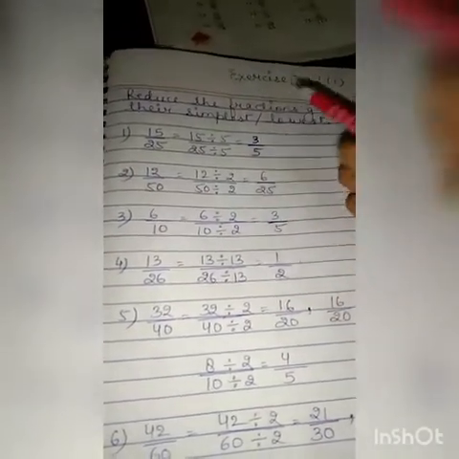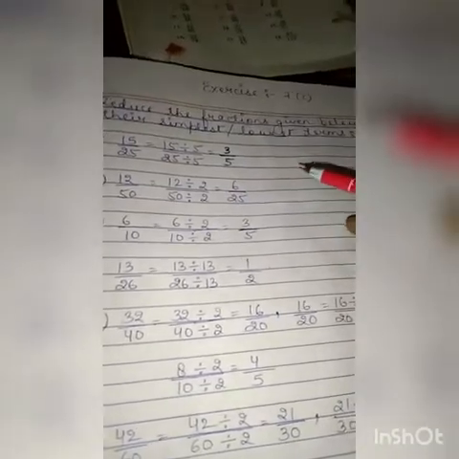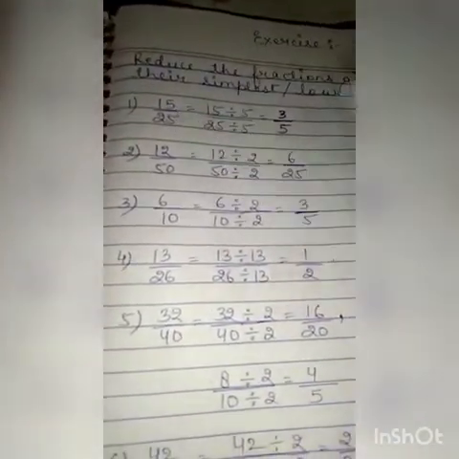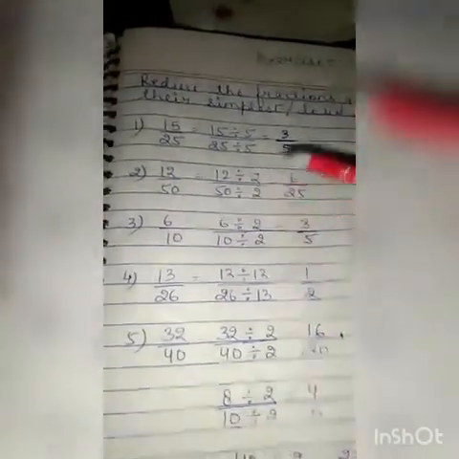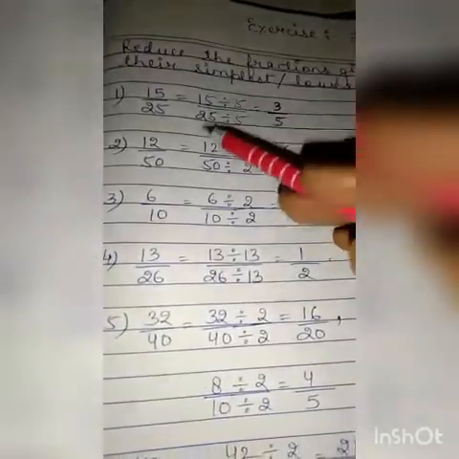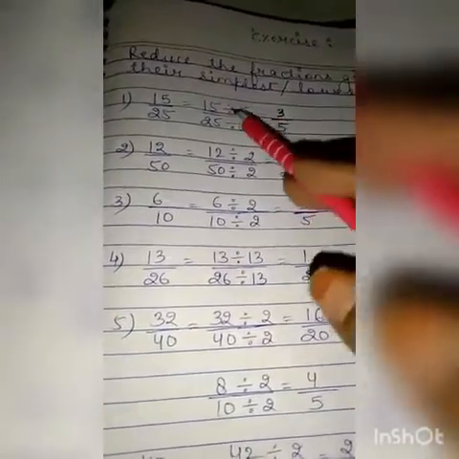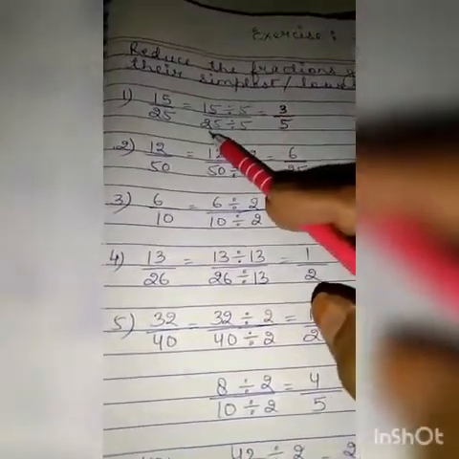So exercise 7c, reduce the fractions given below to their simplest or lowest term. So first fraction is 15 upon 25. As you can see, 15 upon 25 is divisible by 5, and 5 is the common factor which is dividing 15 also and 25 also.